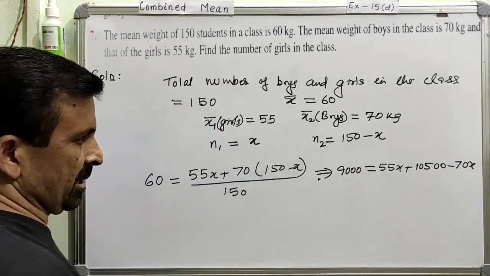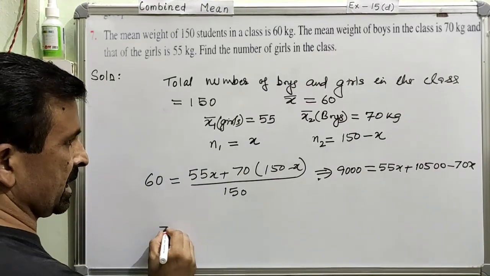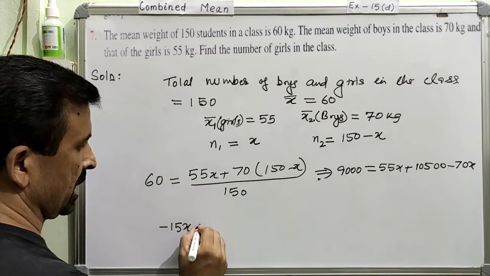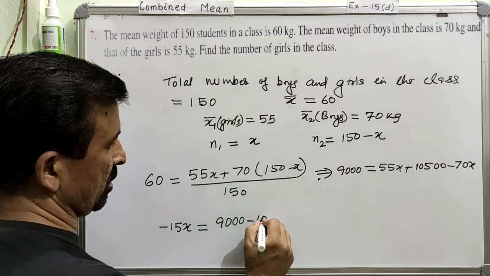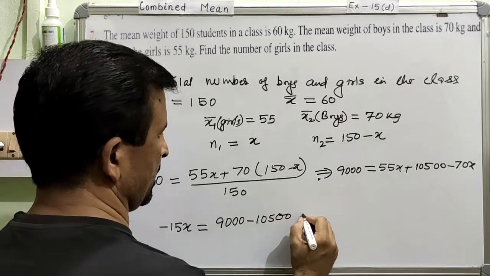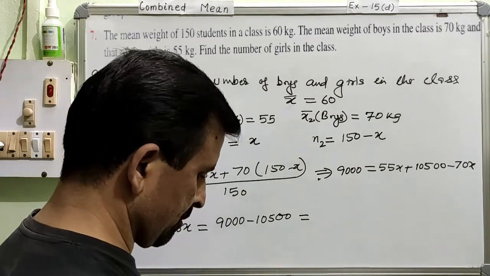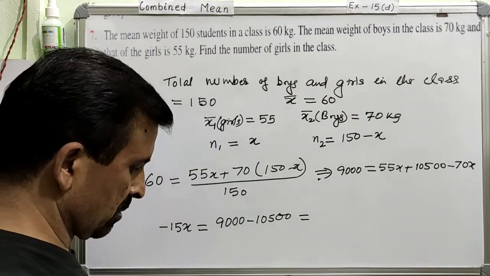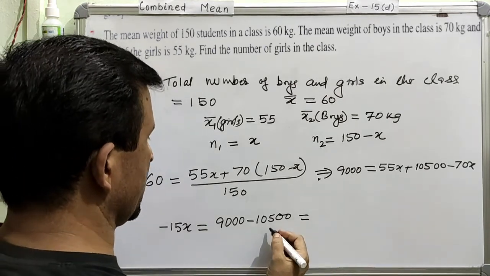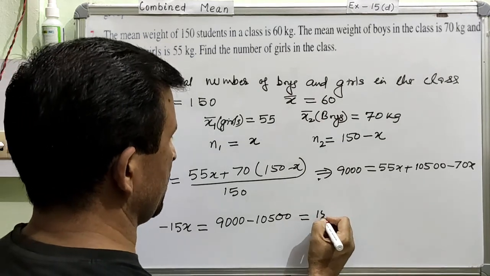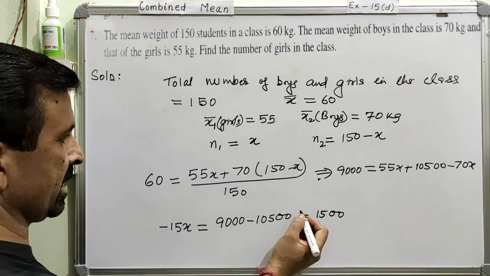Now let us collect the like terms. So 55x minus 70x will become minus 15x is equal to 9,000 minus 10,500. So it becomes 1,500, and this is negative.